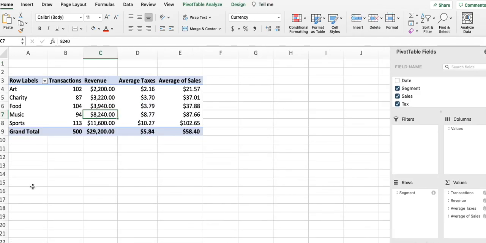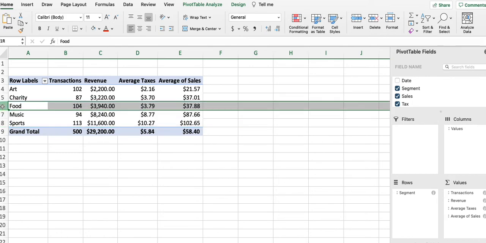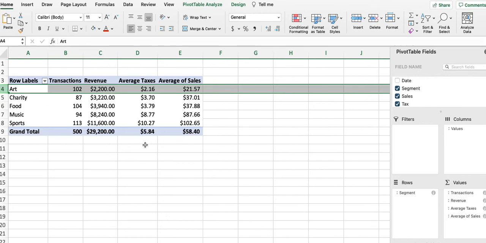You could run a very quick pivot table and decide, of the few people that we have left, I feel like we need to focus on sports, music. Those would be my first two. And then if you had enough people, then you would prioritize them in the food and the charity, and then art would probably be the last segment that you would want to divert any resources to.